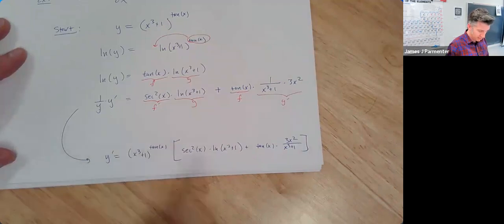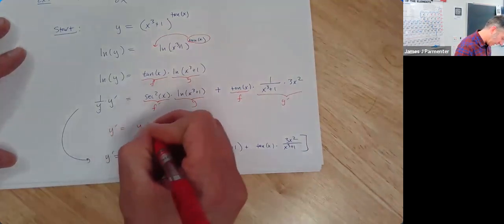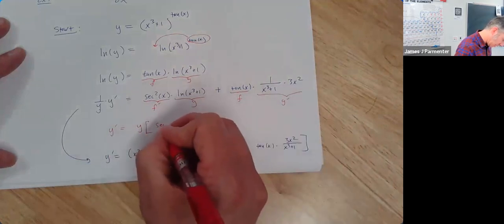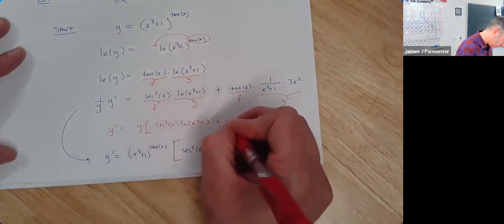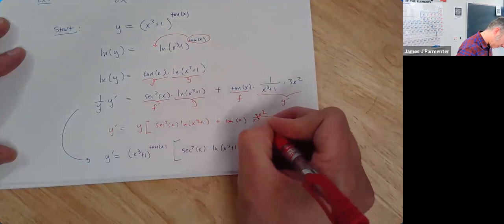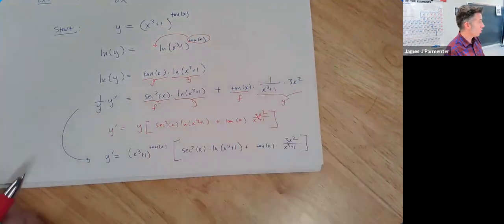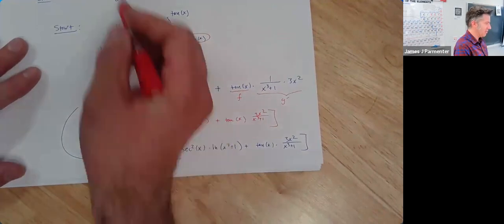If you don't like skipping that step, you can certainly write the intermediate step, y prime equals y times all that stuff: secant squared of x, natural log of x cubed plus 1, plus tangent of x times 3x squared over x cubed plus 1. But it's totally fine to skip this and go straight to the end, since y is just the function I said y was.